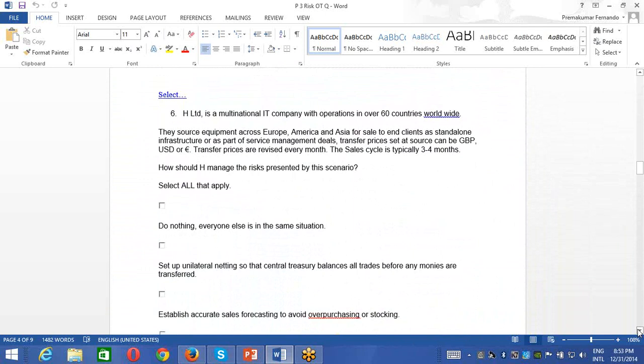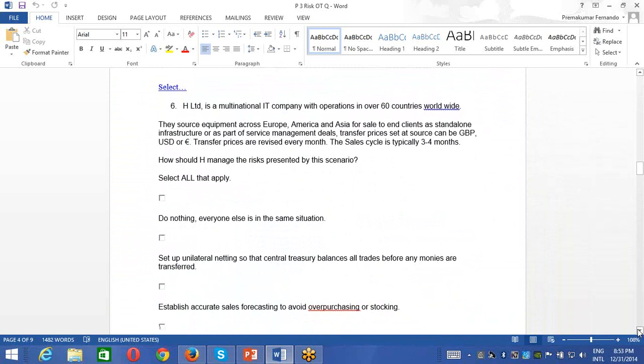Do nothing, everyone else is in the same situation. That's not a good solution. No board of directors should say, look here, others are also doing it, so let's forget about it. Set up unilateral netting so that central treasury balances all trades before any monies are transferred. Now that's a good one. You remember we discussed the central treasury.